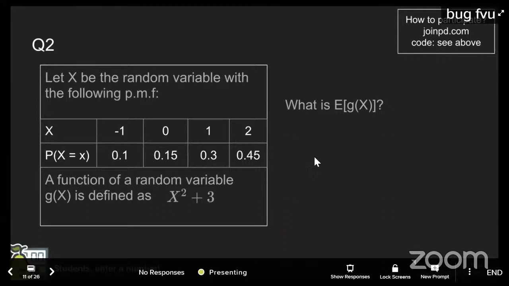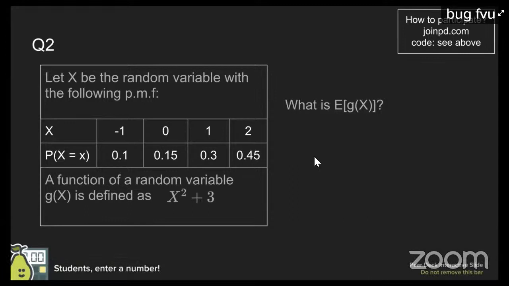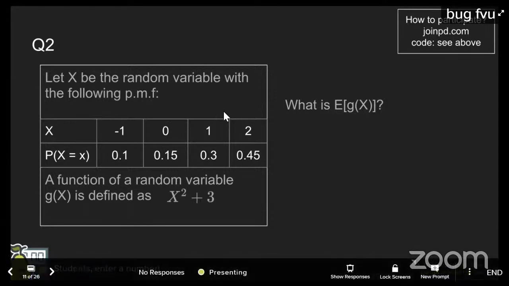Okay, so let's move further to our next question. X is a random variable with the PMF as shown in the table. X can take possible values -1, 0, 1, and 2, and the probabilities are 0.1, 0.15, 0.3, and 0.45 respectively.